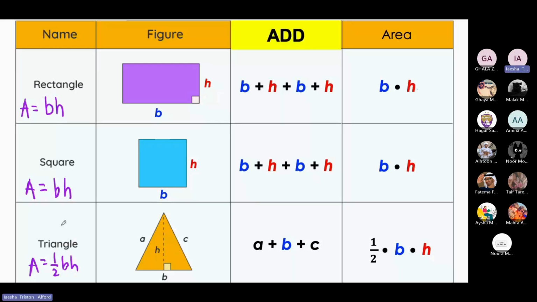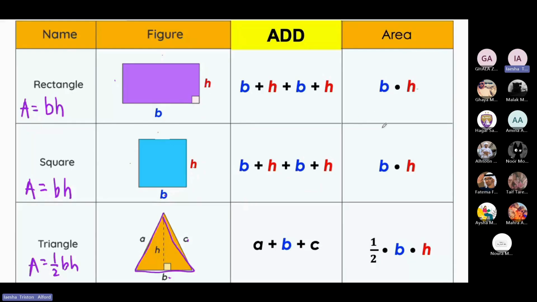Remember, if you want perimeter, you have to add B plus H plus B plus H. For the square, B plus H plus B plus H. For the triangle, this side is called A, this side is B, and this side is C. So you have to add all of the sides. This is how we find perimeter.